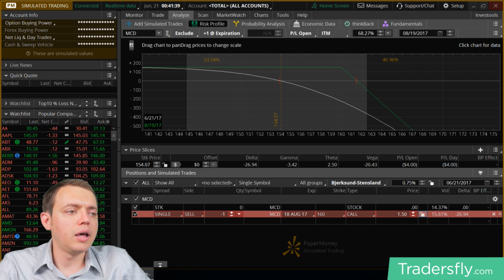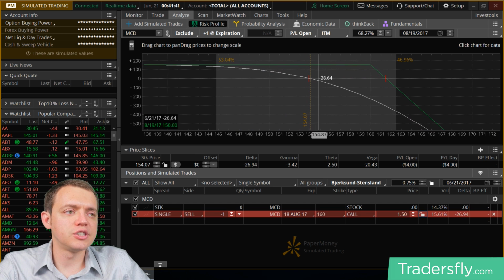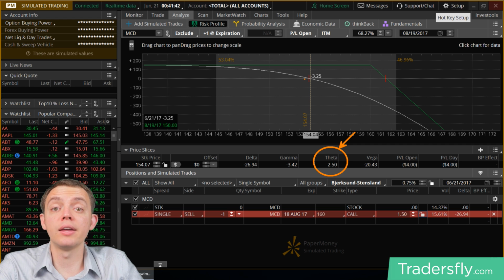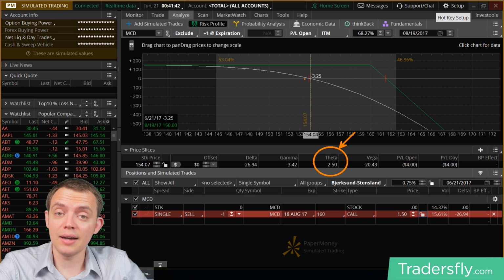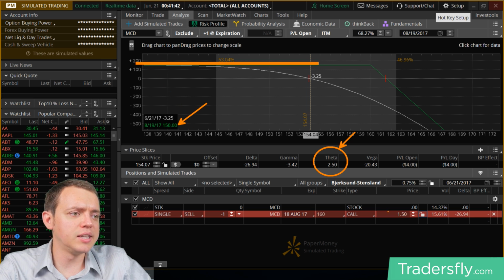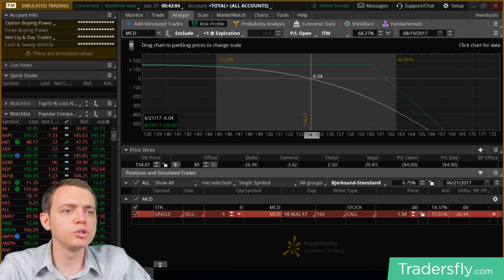Now here, the difference, the advantage that you have, is you basically make a positive theta. So every day that white line gets closer to the green line, you're making $2.50 time and time again. And your max profit potential is right around 150. You can see that because that's what you sell it for, so that's the most you can make.